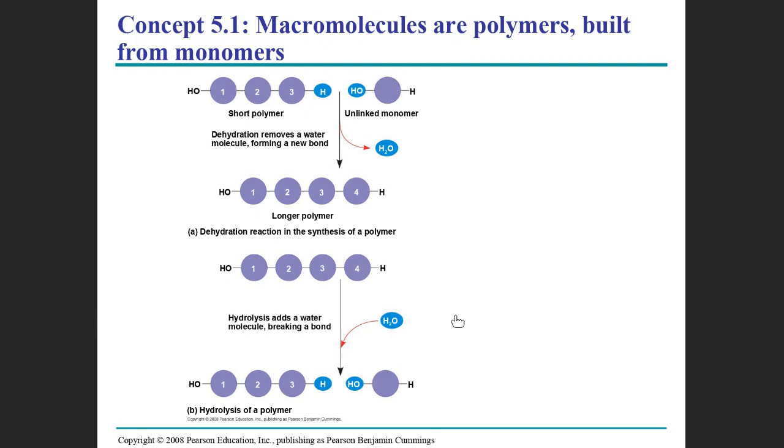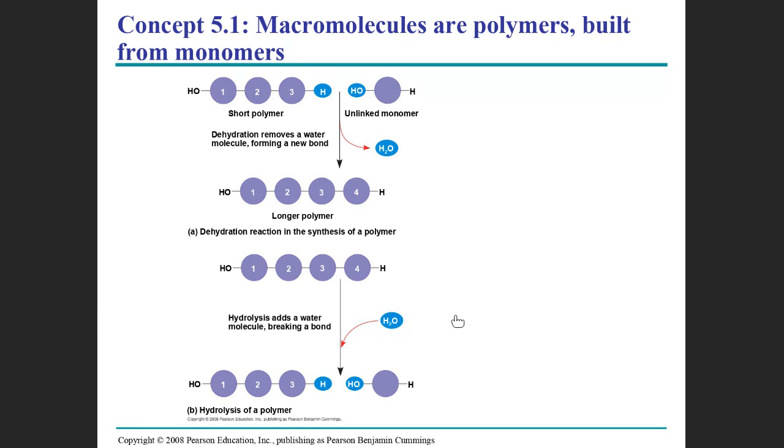So cells constantly build macromolecules by joining monomers together to form polymers, and cells also break down those macromolecules into monomers, into the smaller pieces. So dehydration reactions are used to join molecules together and release water.